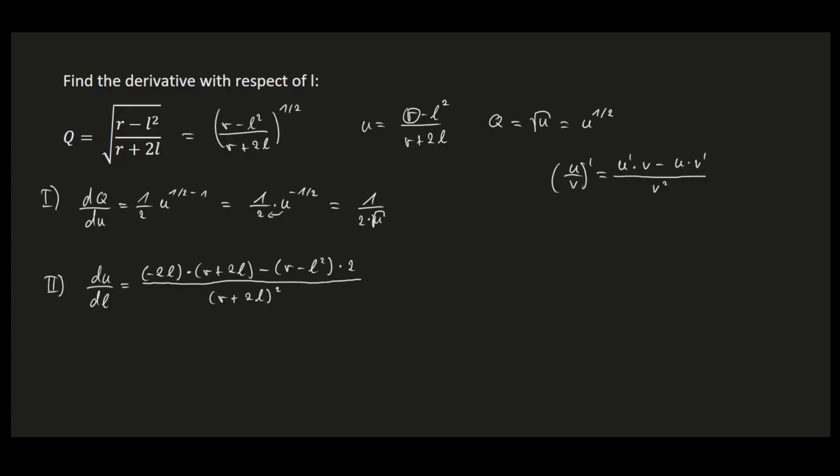Now we can simplify the numerator here. To simplify this, we distribute this term, minus 2l, with the parentheses, and this number with these terms inside the parentheses, so that we get minus 2r minus 4l squared, minus 2r plus 2l squared, over r plus 2l squared.